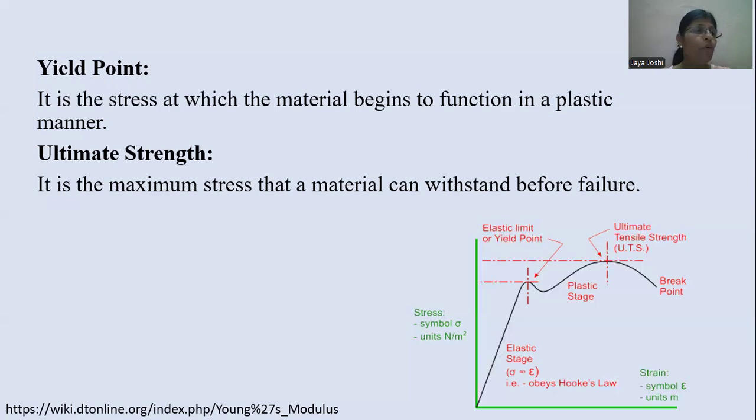Just before the fracture of the material, the point is called the ultimate strength. Means the material will first resist the forces by deforming plastically, and when it crosses that limit, it fractures. So that is the ultimate strength.